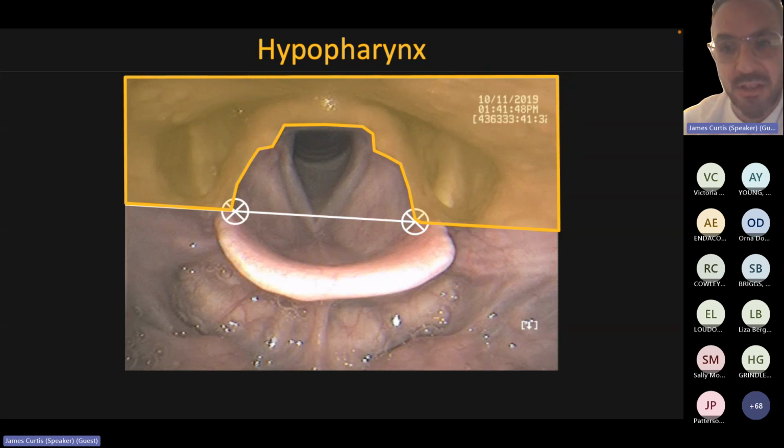Like, how do you distinguish the lateral channels from the piriforms? And we also abandoned lateral channels, not just because of that challenge, but also to improve generalizability with fluoro. In fluoro, we're not necessarily talking about lateral channels typically. And so it's the piriforms. So we're thinking about this three-dimensional space between the epiglottic folds and arytenoids to the posterior pharyngeal wall.